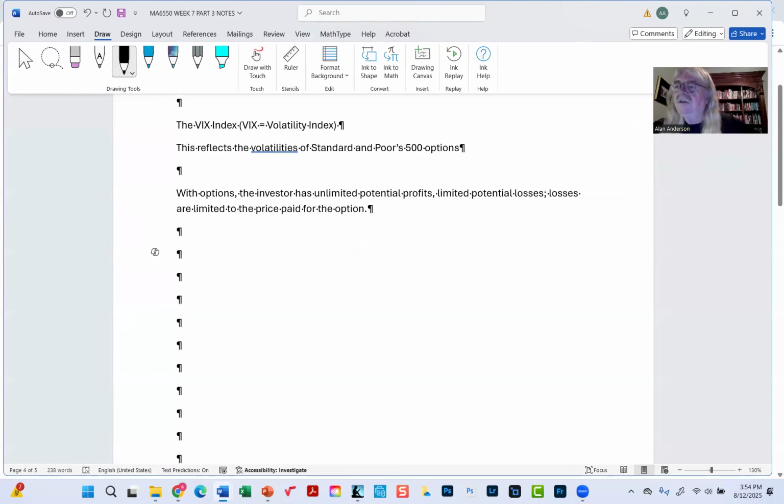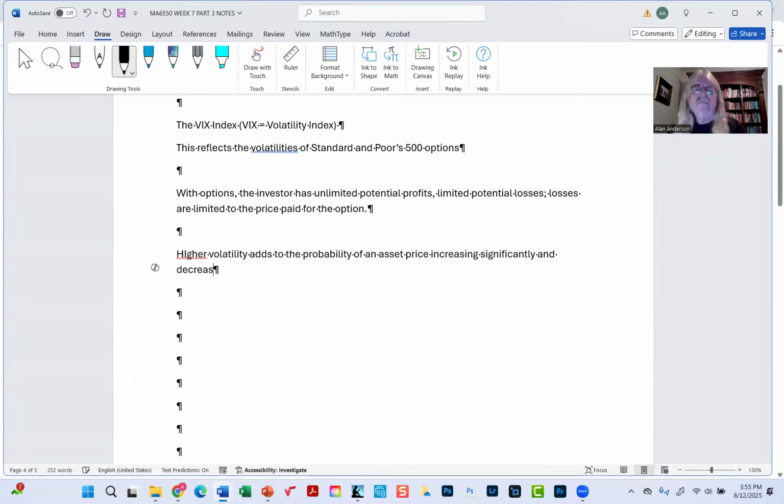So let's put it this way. Higher volatility adds to the probability of an asset price increasing significantly and decreasing significantly. So now, how does that help options?